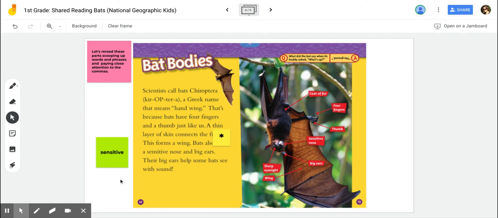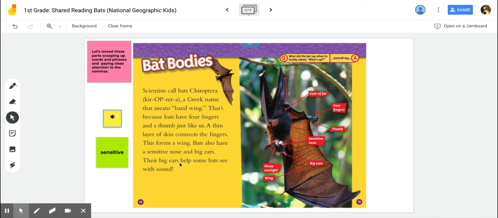What do you guys see? I see an F. So it could be fingers. Let's check the whole word. Ready? Slow check it with me. Fingers. That looks right. Let's reread. A thin layer of skin connects the fingers. This forms a wing. Bats also have a sensitive nose and big ears.